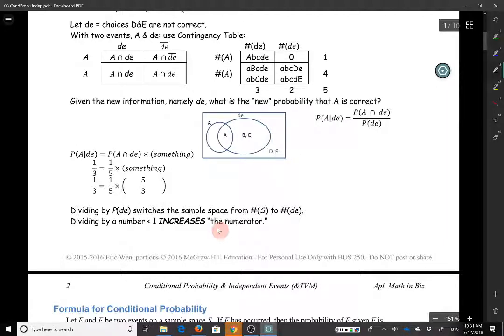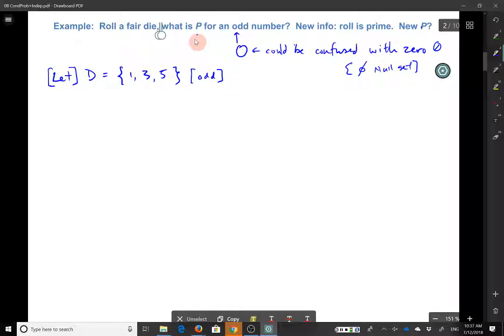And so then what do we want? What is the probability for an odd number? We want P of D is equal to what? That's basically what we want to do. And so how do we do that?